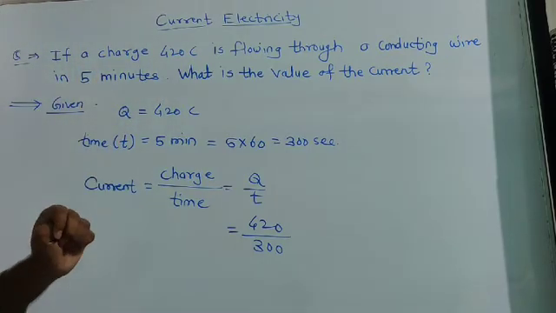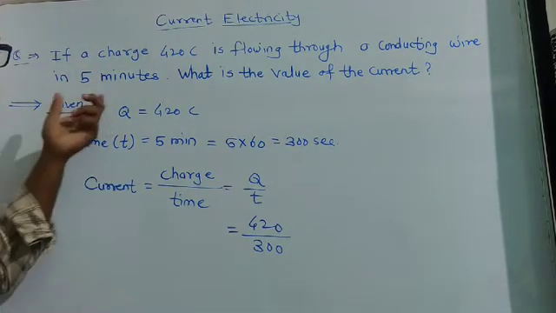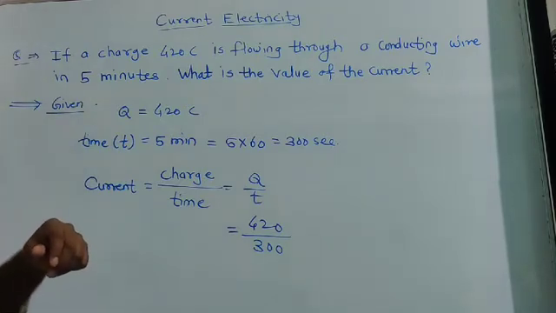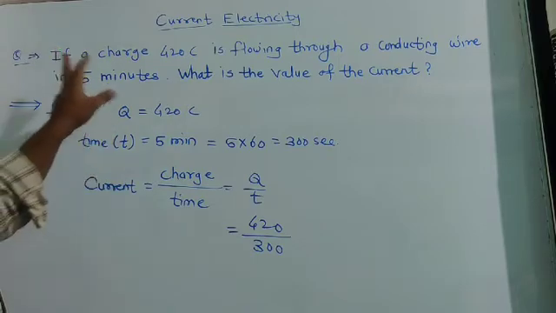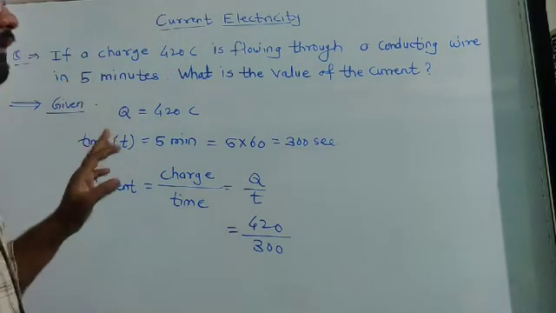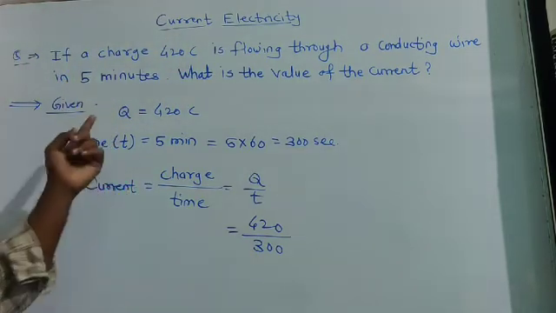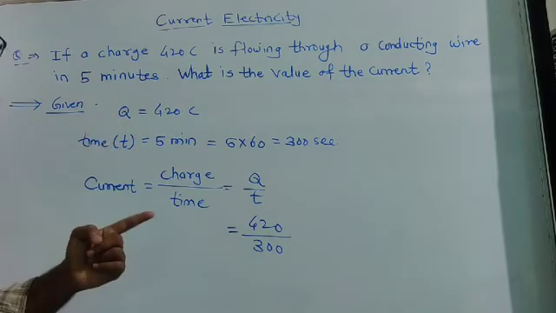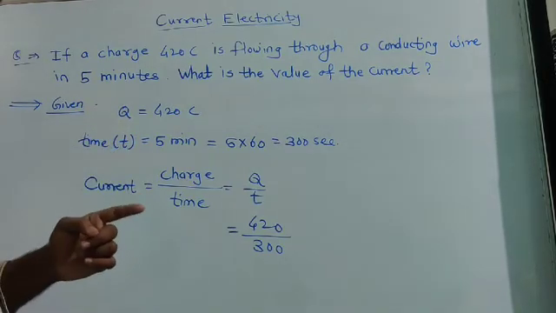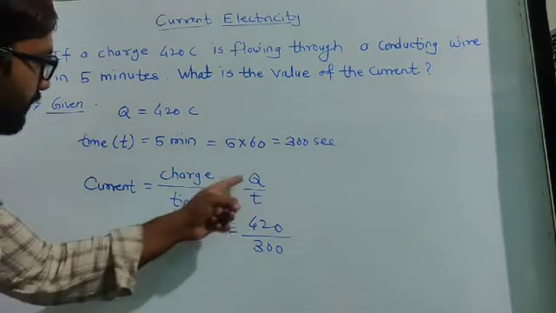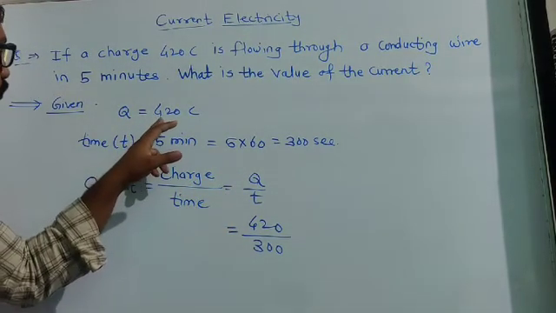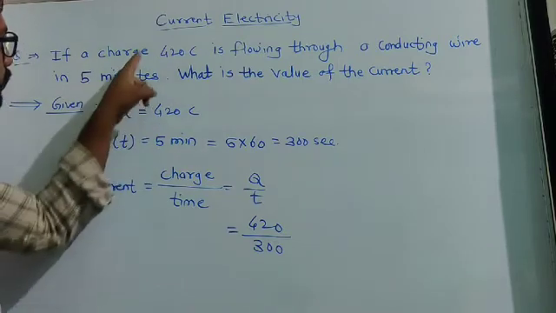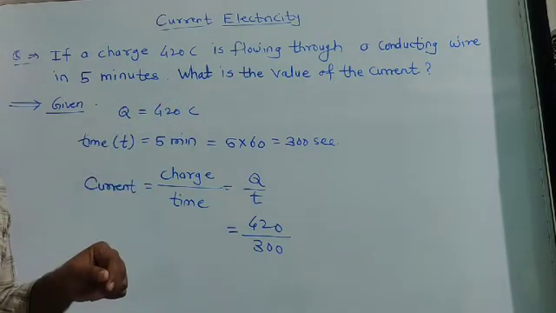First of all, we have to write all the given data. Our given data is, first of all, charge. We know charge is represented by capital Q. So charge Q is equal to 420 coulomb.